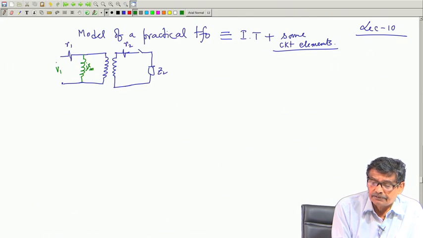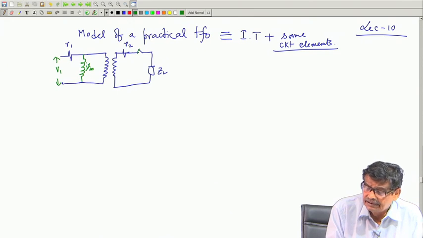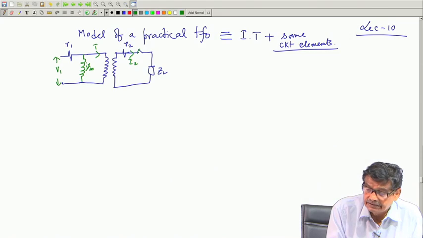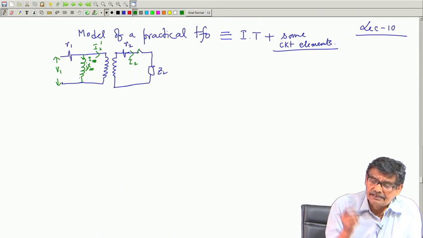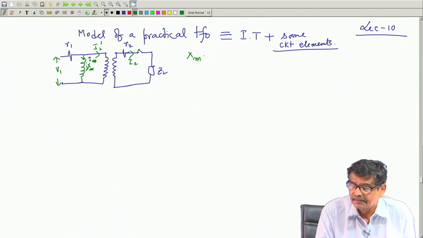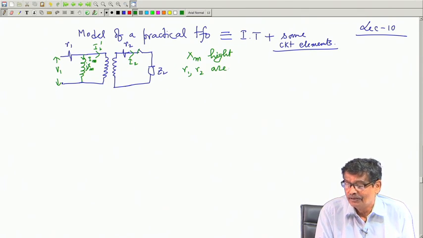This is my applied voltage, and these are the currents. When it is closed, it is I 2 dashed, and this is I m, the magnetizing current, which is very small, since X m is high. Mind you, X m is high, and R 1, R 2 are small.